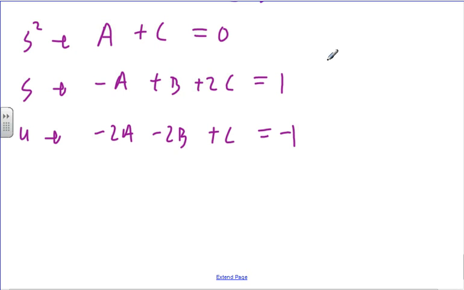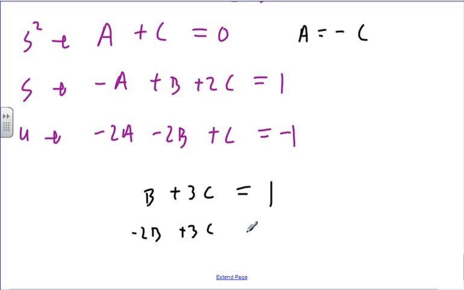We'll do the same thing again. We'll say a is equal to minus c. So we're going to rewrite this guy as b plus 3c is equal to 1, and minus 2b plus 3c is equal to minus 1.